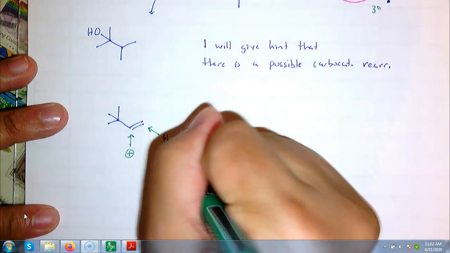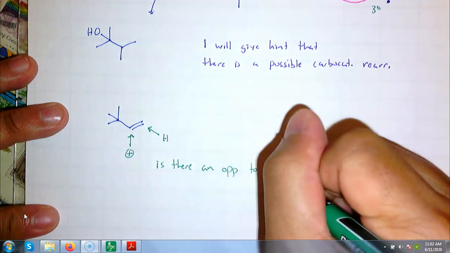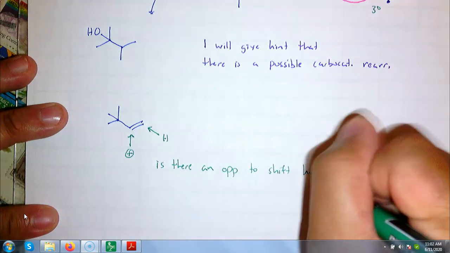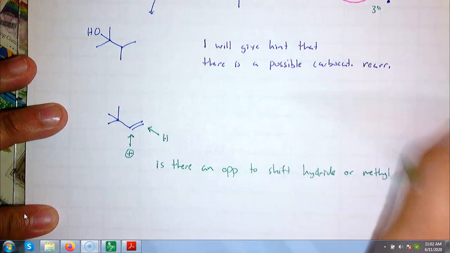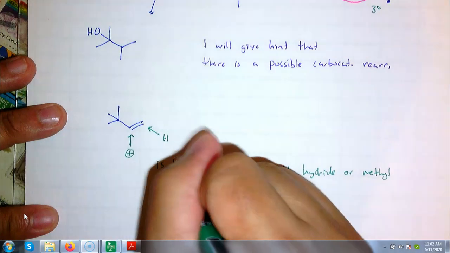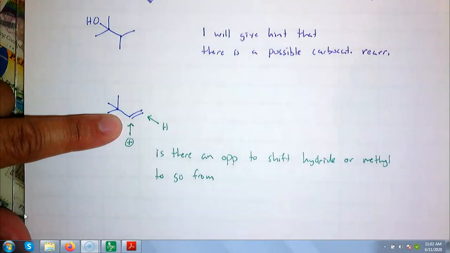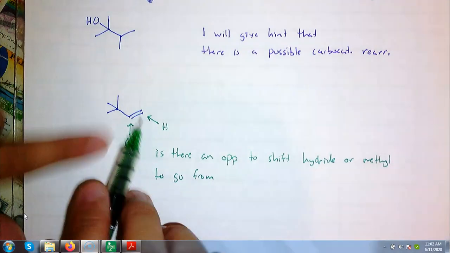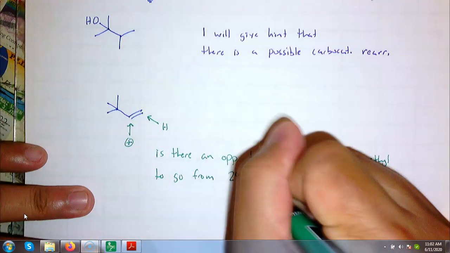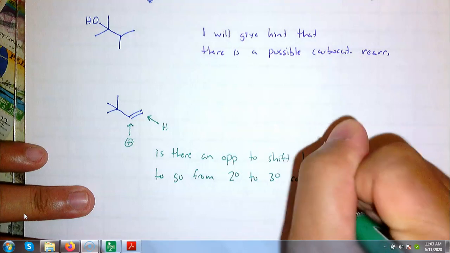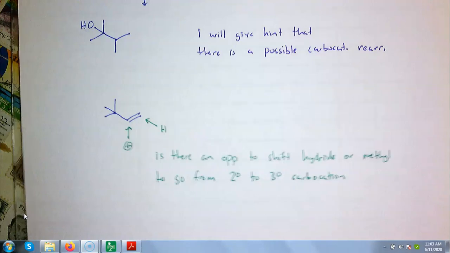Is there an opportunity to shift hydride or methyl to go from, this is a secondary, this would have been a secondary carbocation if I go ahead and proceed to put an H here and this carbon is naked. So to go from a secondary to a tertiary carbocation. Okay. That's where I'll end this video.